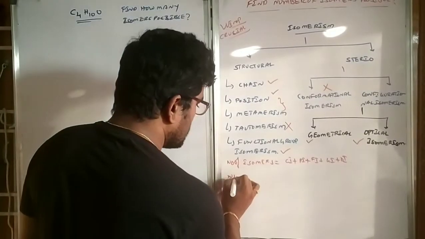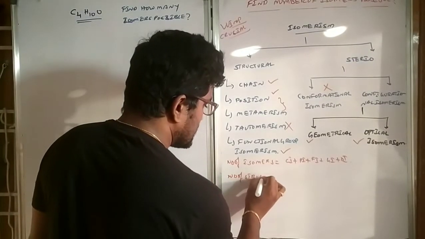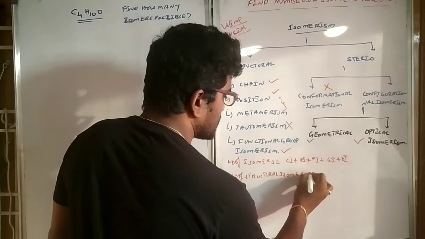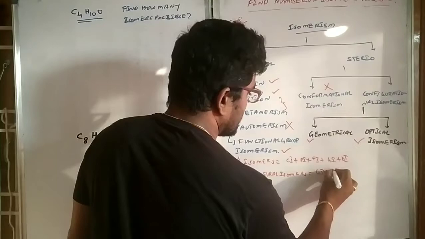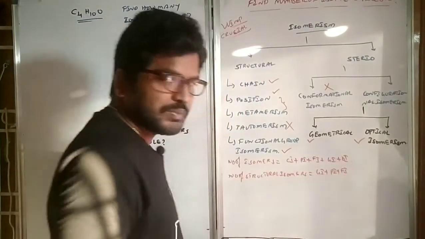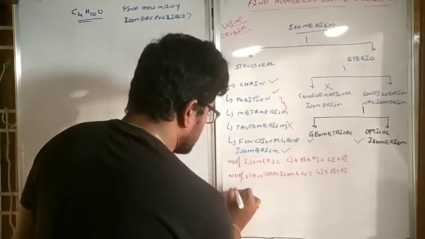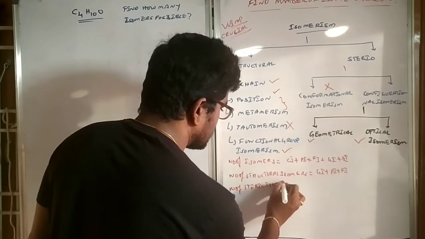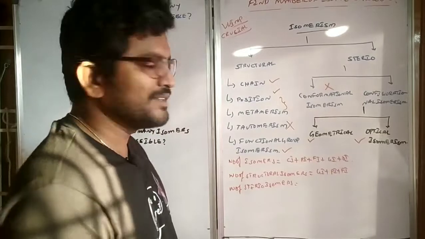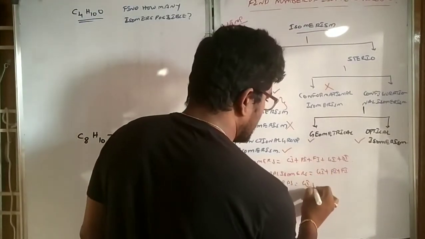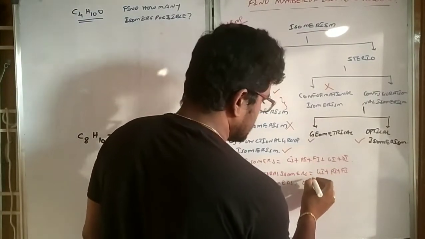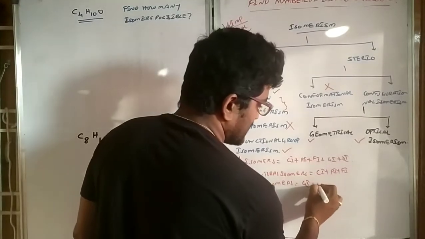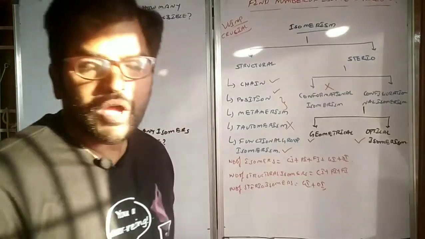Or they will ask you the number of structural isomers. Number of structural isomers means chain isomers plus positional isomers plus functional isomers. Number of stereoisomers is equal to geometrical isomers plus optical isomers.